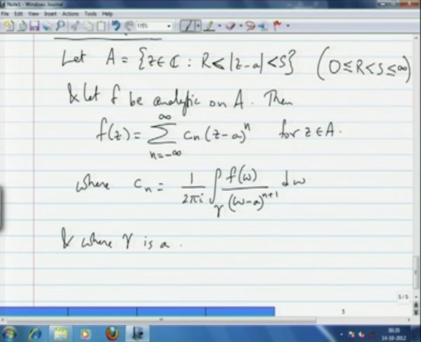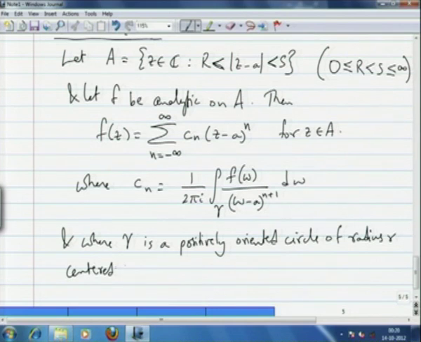So, its trace is a positively oriented circle of radius r centered at a, and of course, r lies between R and S, so that gamma is contained in the annular region.